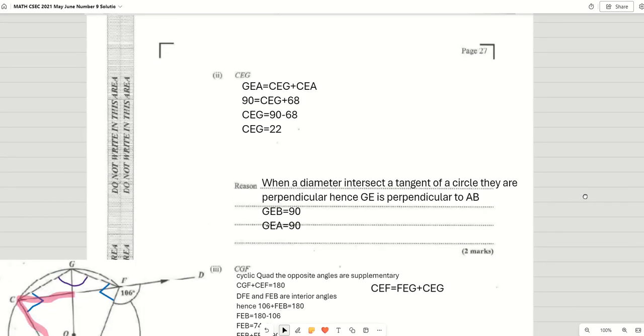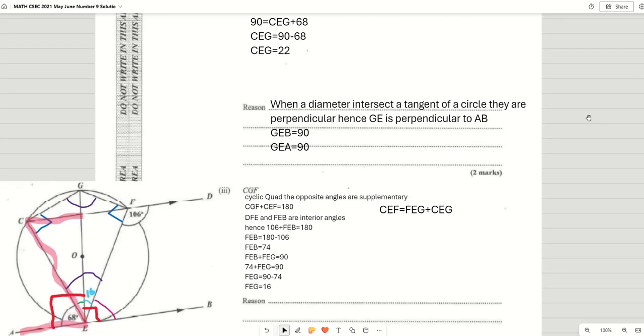Alright, did we find CEG? We did, that's 22. So we know that CEF would be equal to 16 plus 22. So CEF is equal to 38.